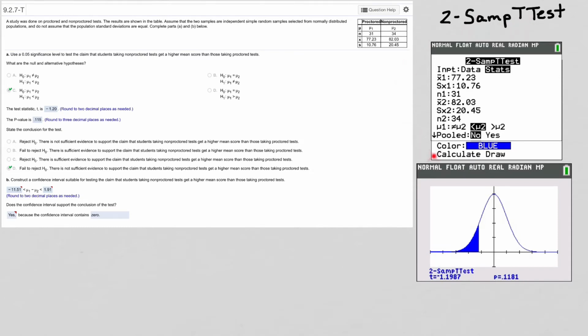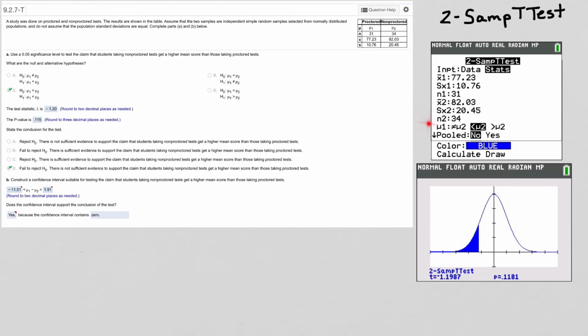Okay, so here I have what I entered into the calculator. You can see that I chose two-sample t-test. That was number 4 in my list of tests. And I've entered the sample information for the proctored exams first, and then the unproctored exams second, just as they were listed here, just to make sure that everything stays consistent.